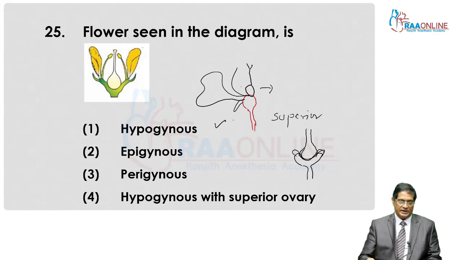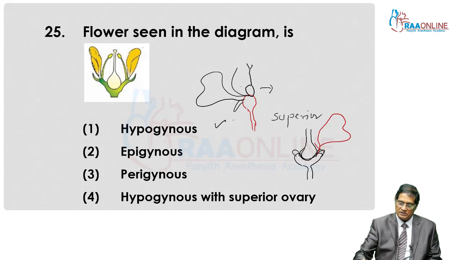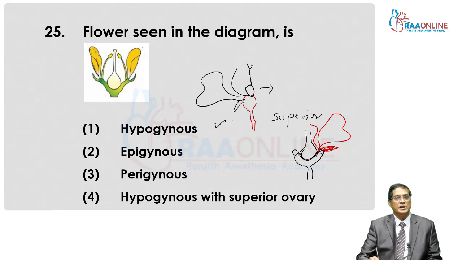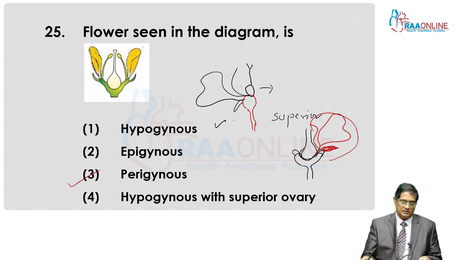They are at the periphery. This is the colorful whorl, this is the androecium, and this is the calyx. That is, the ovary is neither superior nor inferior, I mean half superior or half inferior. The other whorls are peripheral in position. Such a flower is known as perigynous.